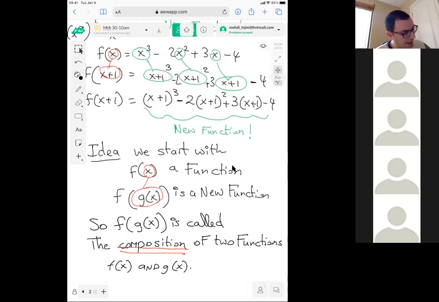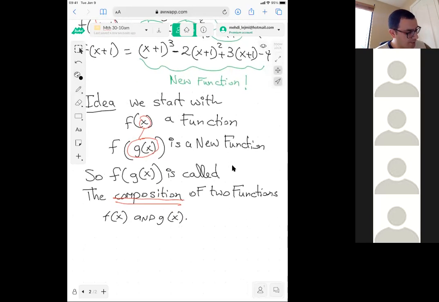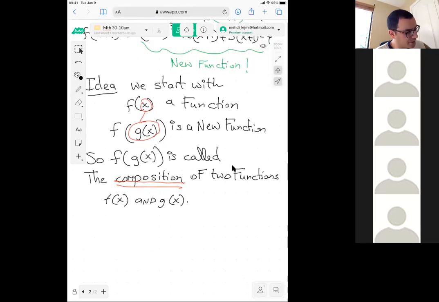And so we have a notation for this f of g of x. So here's a notation for this f of g of x. Let's say you have two functions, f and g.